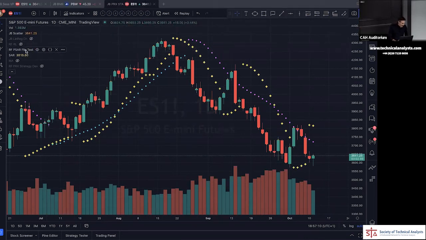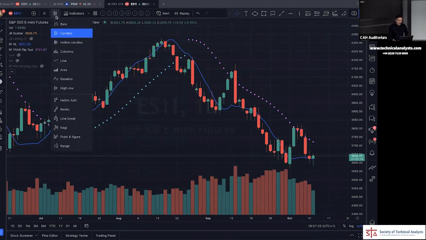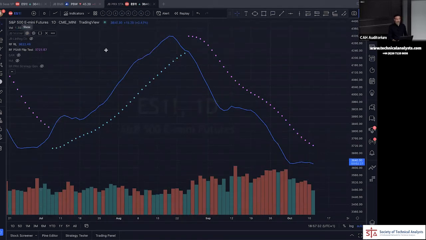So if I were to add back in the moving linear regression line, and now take away the classical PSAR, and take price away again, and take our scatter plot off just so it's not confusing, what we're left with is that moving linear regression line. I think this is a 20-period look back one.